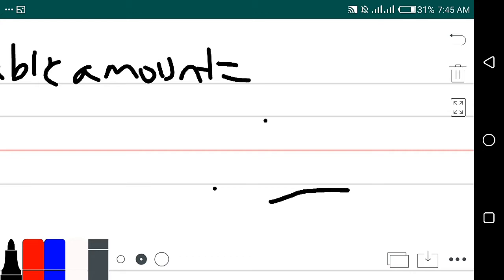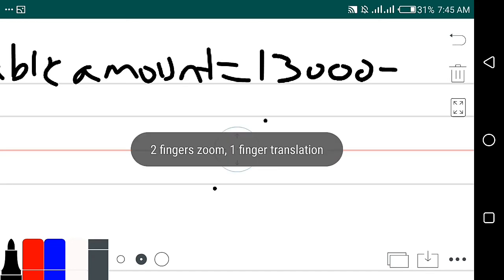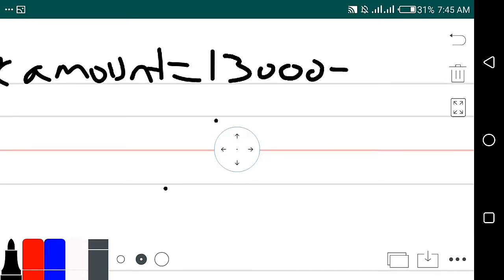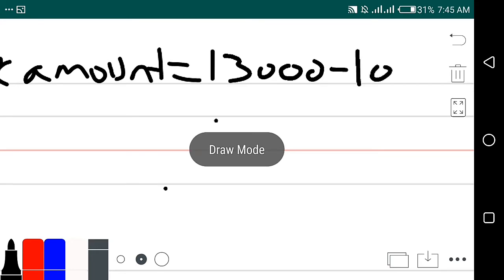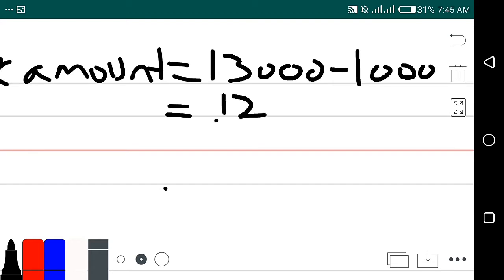Therefore the cost is 30,000 minus the residual value is 1,000. It will be 29,000. This is the depreciable amount.